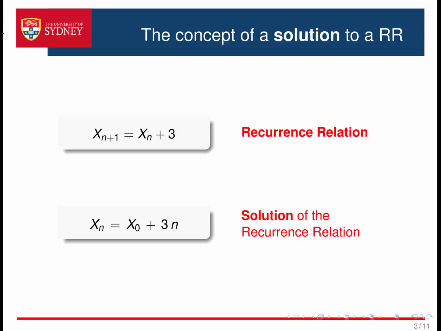For this reason, we call this the solution to the recurrence relation. This contrasts to using the first formula, where we would need to calculate the club membership for every week beforehand. So because the second formula solves the problem of directly finding the membership in any given week, we call this a solution to the recurrence relation.